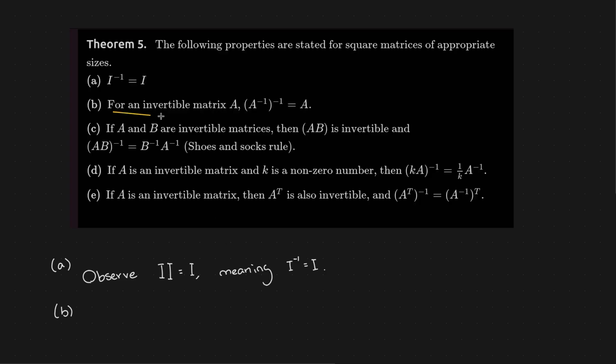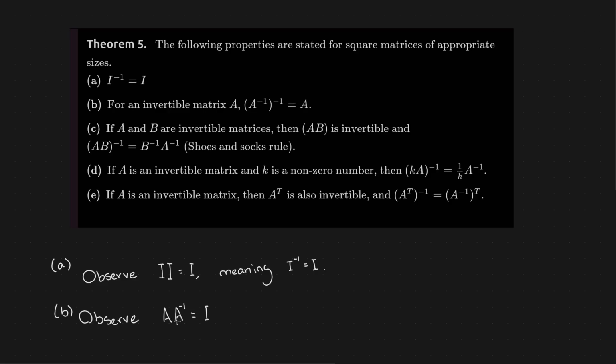B, for an invertible matrix A, the inverse of the inverse of A is just A. So observe A times A inverse. Well, A times A inverse is just the identity matrix by definition.